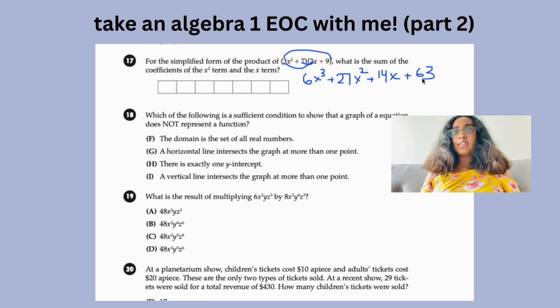So let's double check this. We have 3x squared times 2x, that's 6x cubed. 3x squared times 9 is 27x squared. 7 times 2x is 14x, and then 7 times 9 is 63. So what is the sum of the coefficients of the x squared term, which is this, and the x term, which is this? 27 plus 14 is 41. So that is our answer.